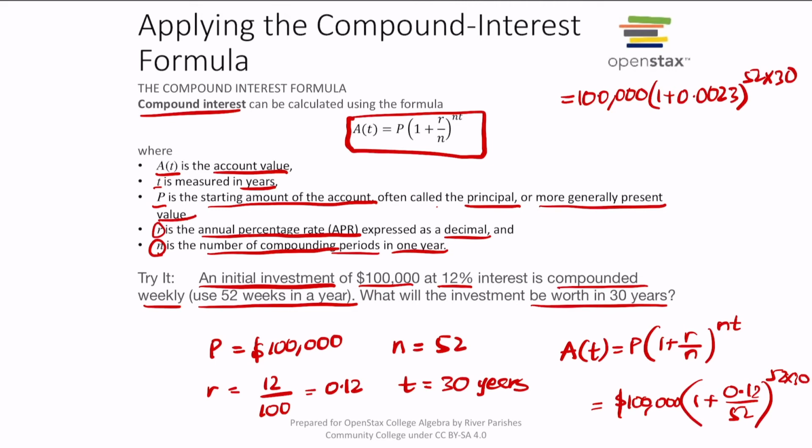So 52 times 30 is 1560, so we are taking the value 1.0023 to the power 1560.